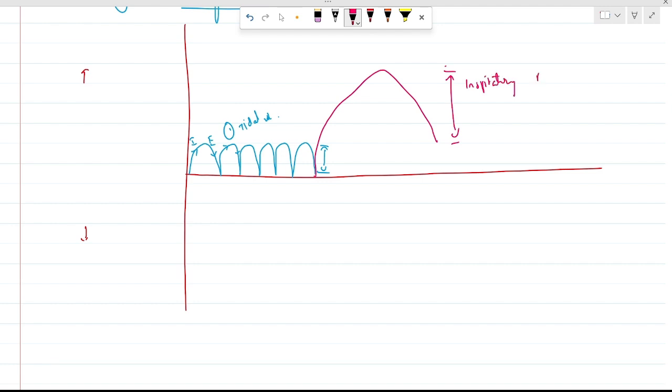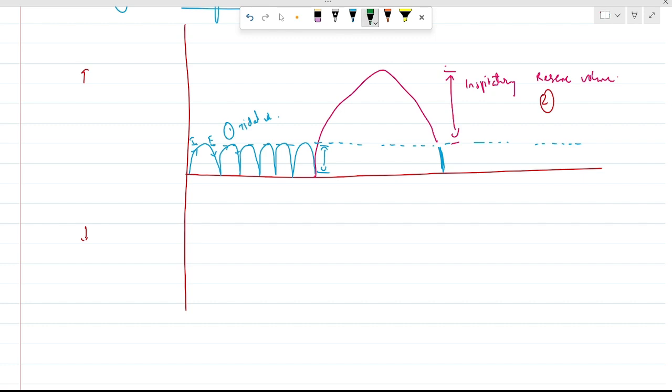We can draw the demarcation here. This is the tidal volume demarcation, above which is our inspiratory reserve volume. This is our number 2, inspiratory reserve volume.